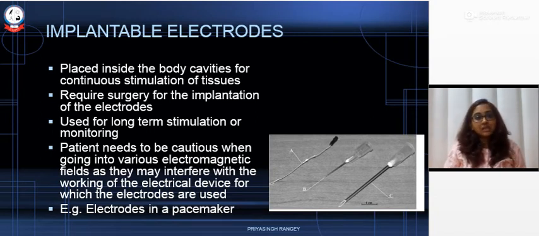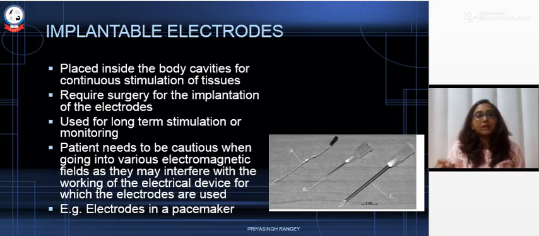So you are placing these implantable electrodes inside the body cavity using a surgical process, and you're placing it in such a way that the electrode is positioned at the precise point which you want to stimulate. This can be for some particular muscle, it can be for some particular nerve.